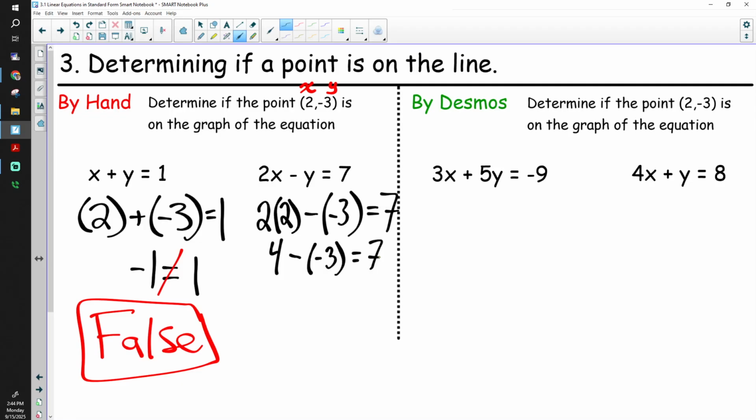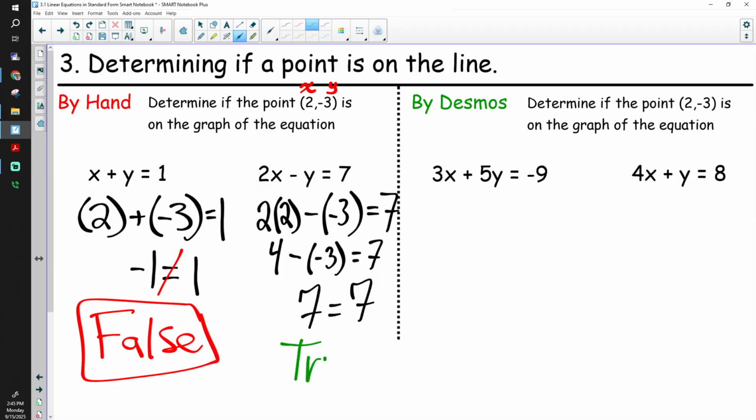Think before you speak. What is 4 minus negative 3? 4 minus negative 3 is the same as 4 plus 3, which is 7. Is 7 equal to 7? Is that true? Yeah.